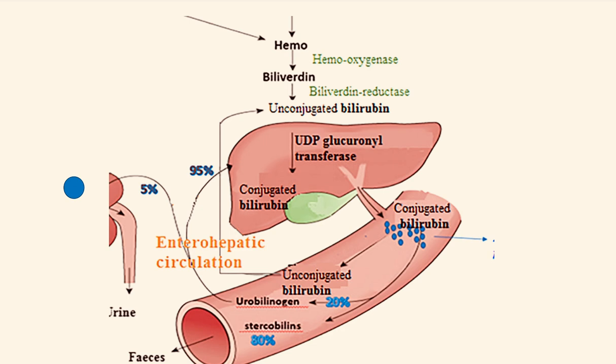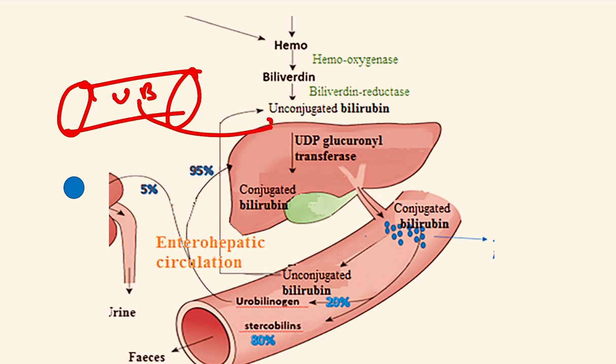Now let's look at normal biliary drainage. Unconjugated bilirubin from the blood enters the liver, and the liver conjugates it into conjugated bilirubin with the help of the glucuronide transferase enzyme.